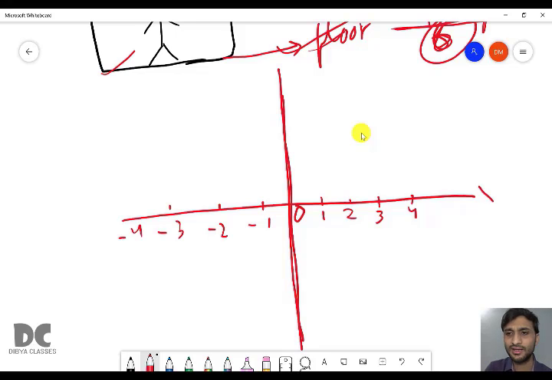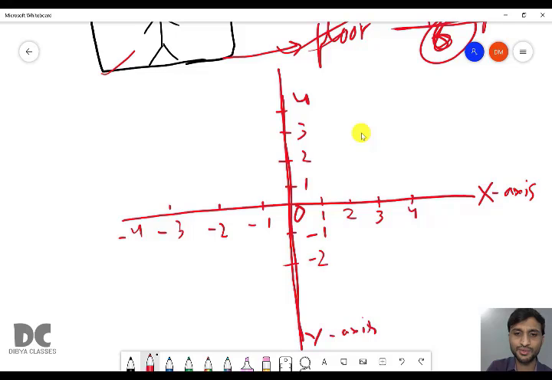This is the x-axis and this is the y-axis. I hope you know this. We'll use this number system or axis to solve the problems for Math.ceil and Math.floor, so that it will be easier to solve.